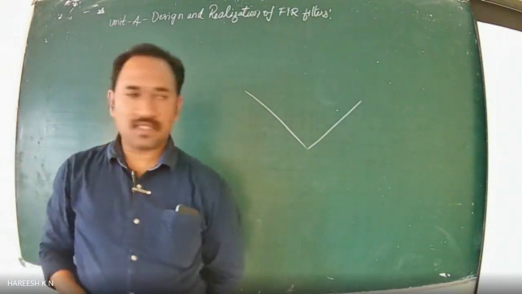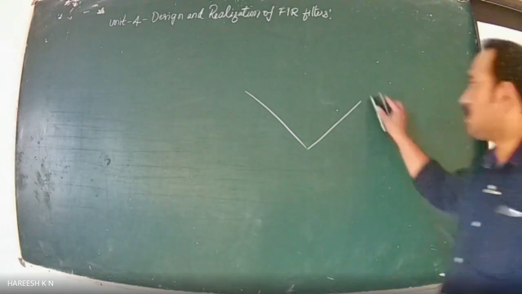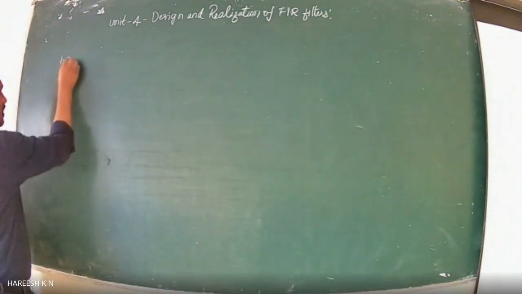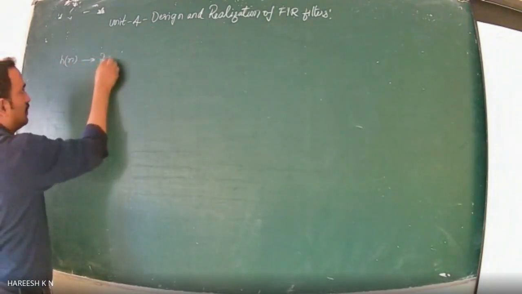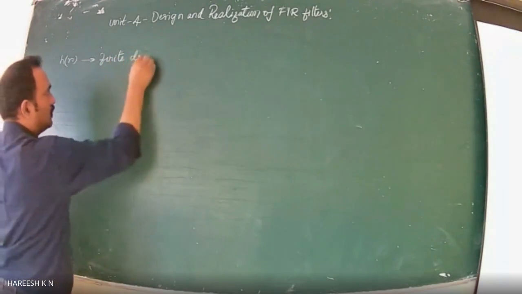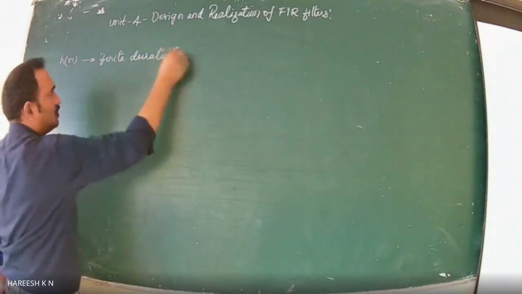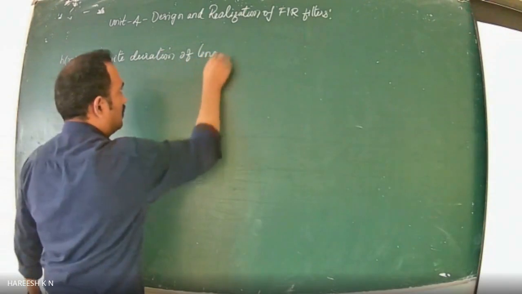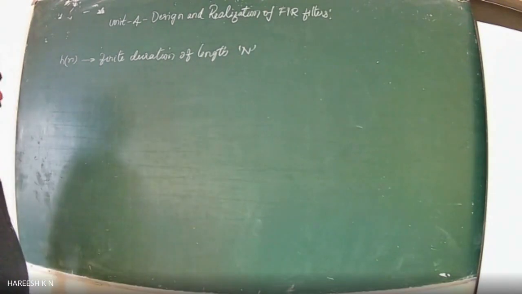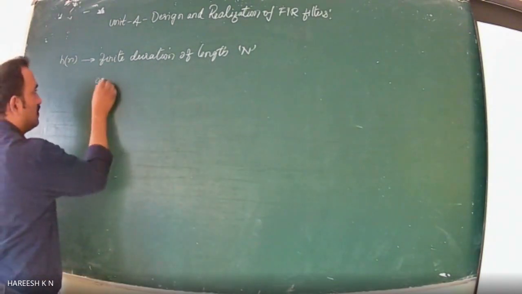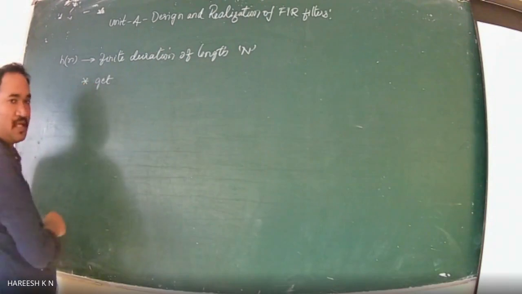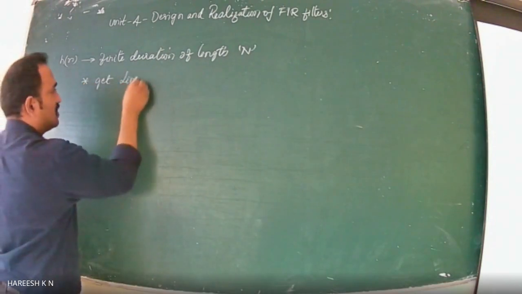In order to see whether the phase is linear or not, the impulse response has to be of finite duration of length n. If the impulse response h of n is of finite duration of length n, then it is possible to get the linear phase response.